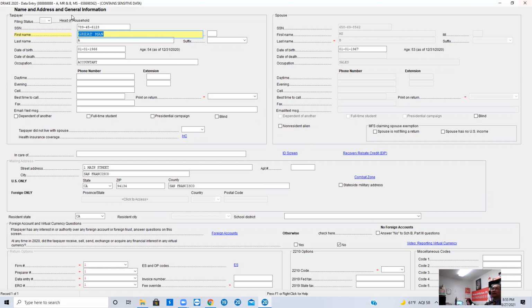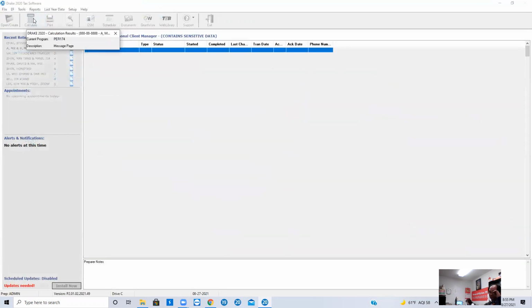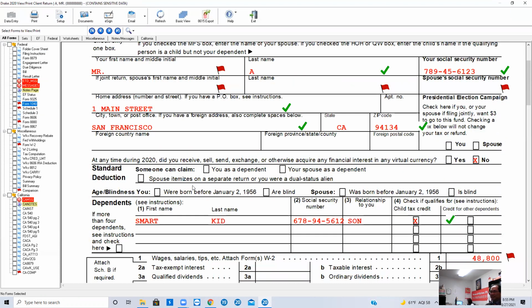Now, when you have kids, it matters if they are under 17 or 17 and over, because for under 17, if your income doesn't go over the limit, you get a 2,000 child tax credit.